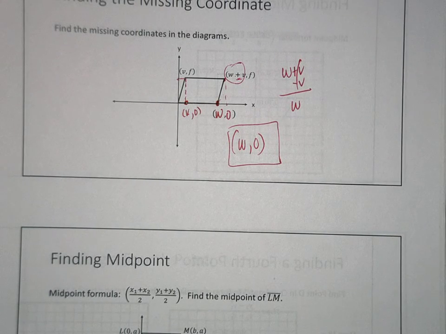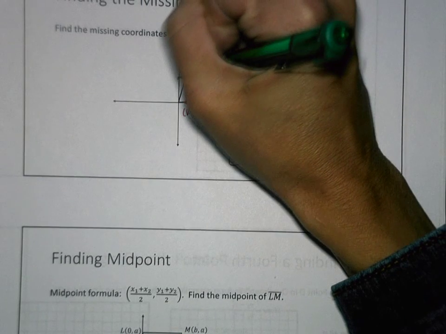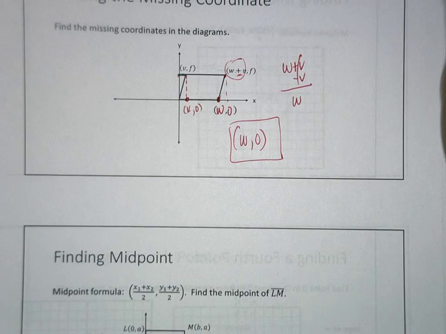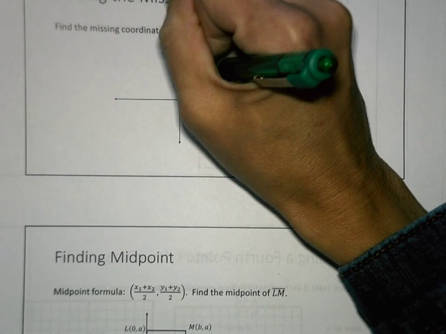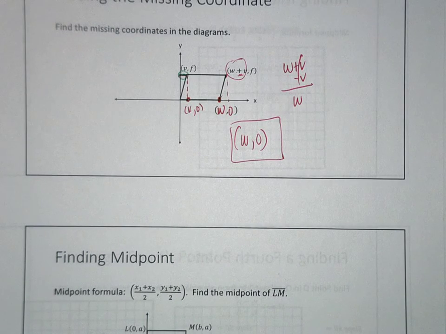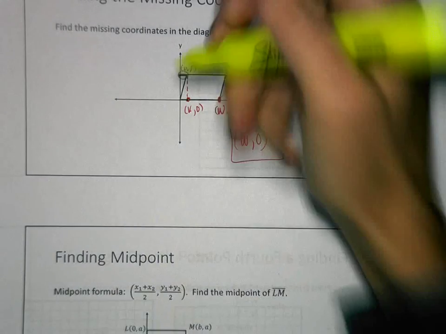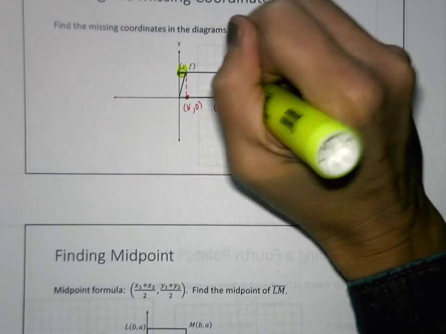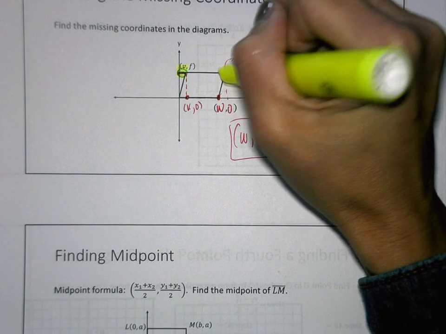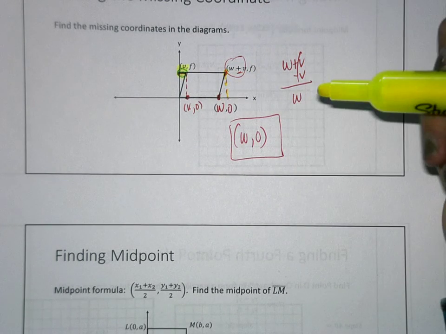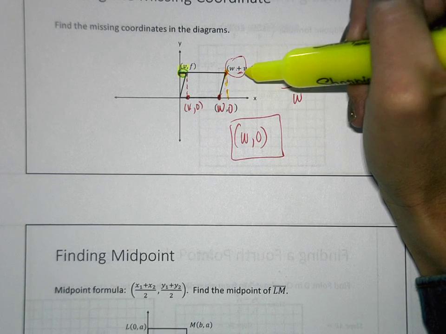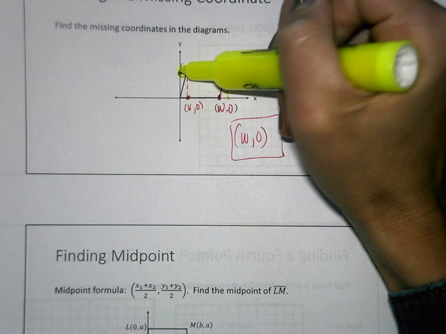Okay, I'm going to try to explain it one more time. From here to here, this is a distance of v. And when you write this ordered pair for this point, and this point is past where we're trying to get the ordered pair, in order to get that point, they took w plus v. So since this is v, that means that this distance right here is w.